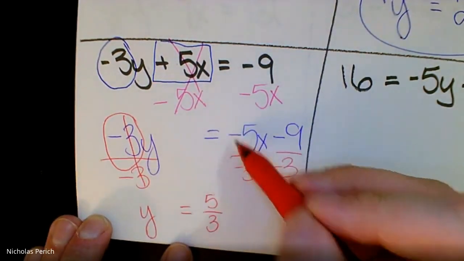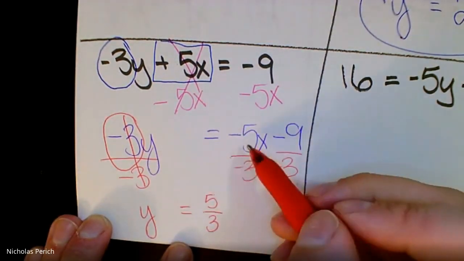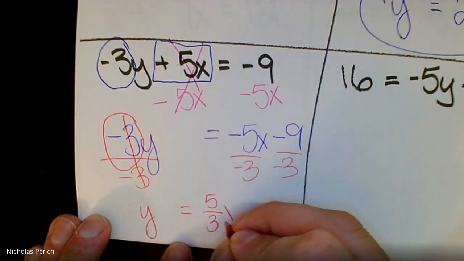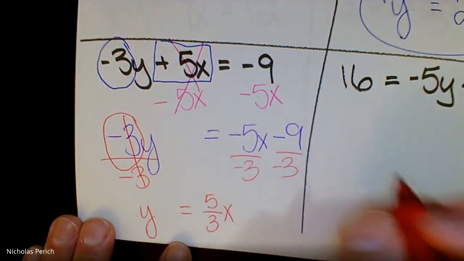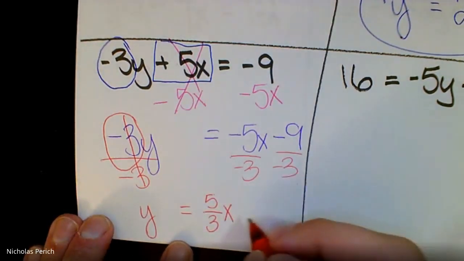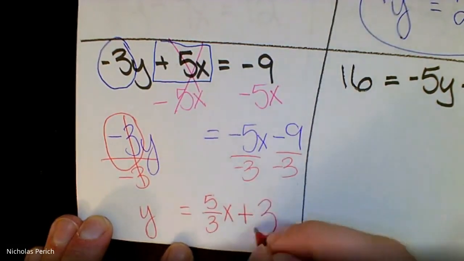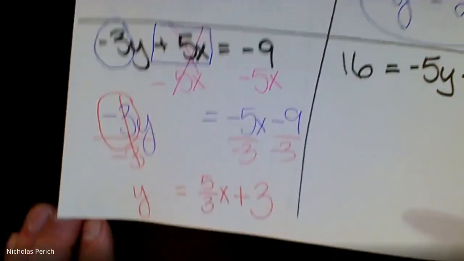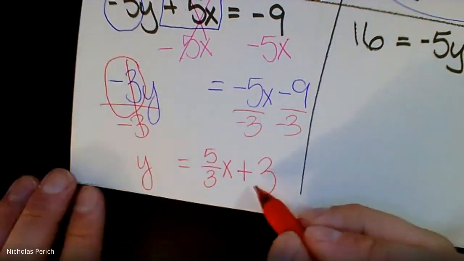Oh, hello, x. So nice not to see you. And then -9 divided by -3 is positive 3. Am I sure? I'm positive.